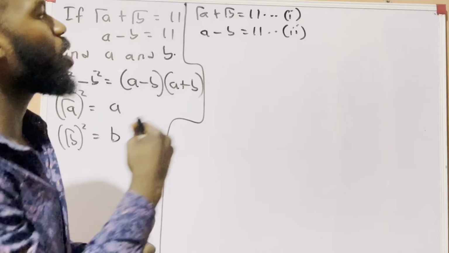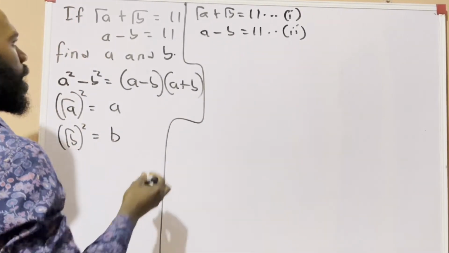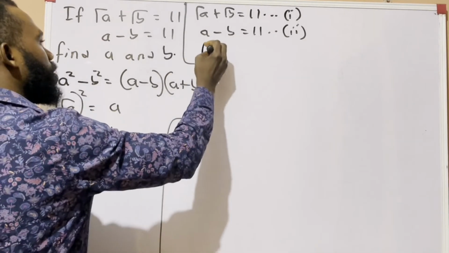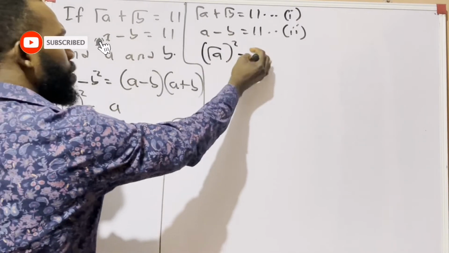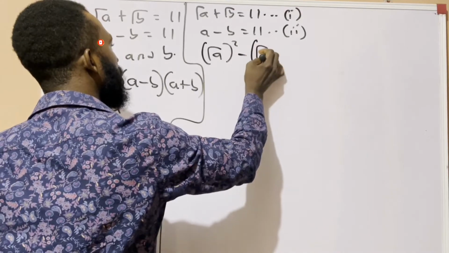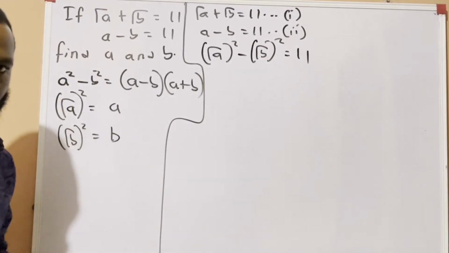Now, from our second equation, a minus b equals 11, we can say a, which is the same thing as the square root of a raised to the power of 2, minus b, which is the same thing as the square root of b raised to the power of 2, equals 11.